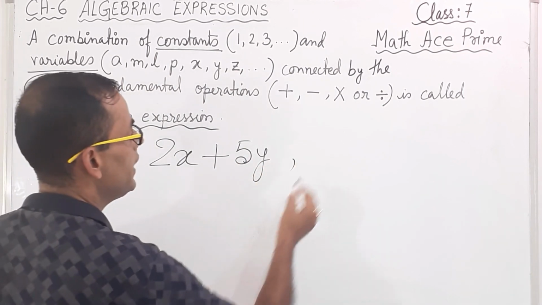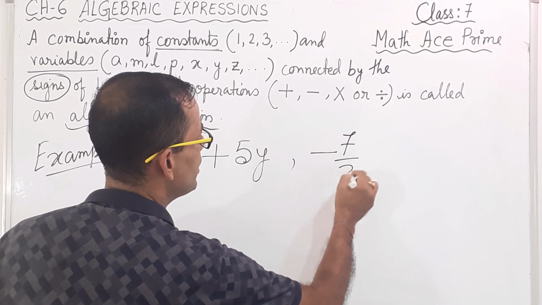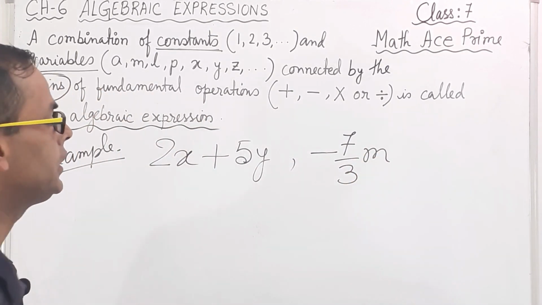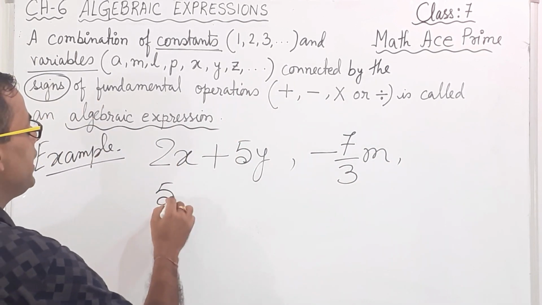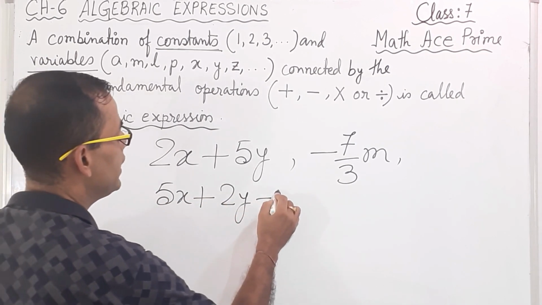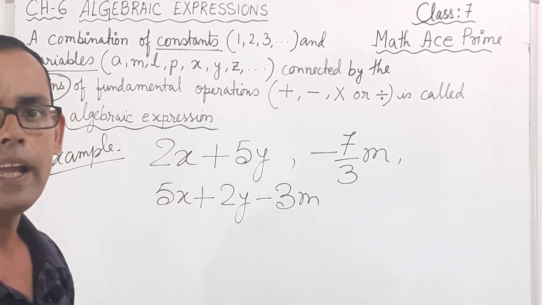Another one, suppose I take 7, minus 7 by 3m. So this is also an algebraic expression, clear no? Then if I take 5x plus 2y minus 3m, this is also an algebraic expression.